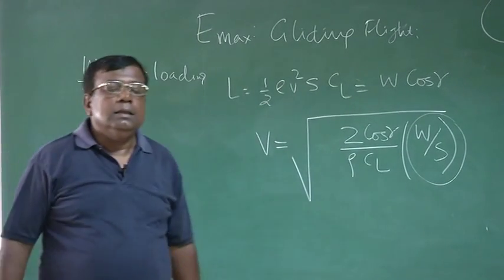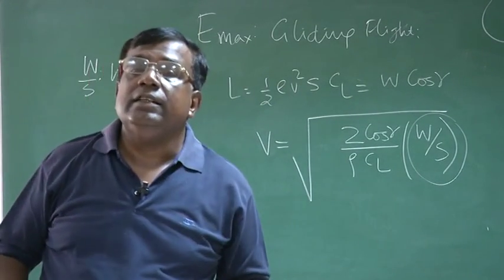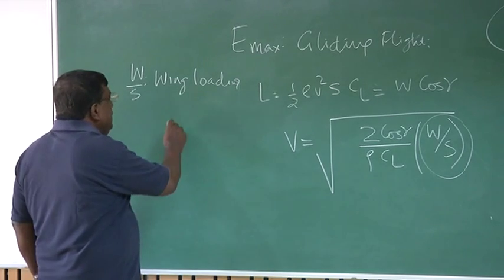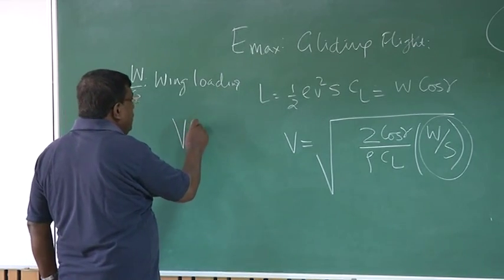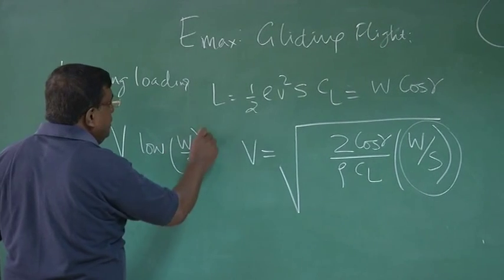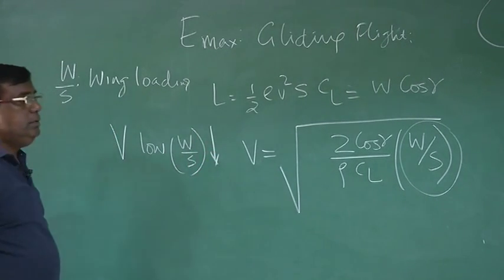If W by S is low, that means for a given weight it has larger wing area. Larger wing area means it is very lift effective. Lift depends upon the area. So I could see that if I want this V to be low, then W by S should also be low.